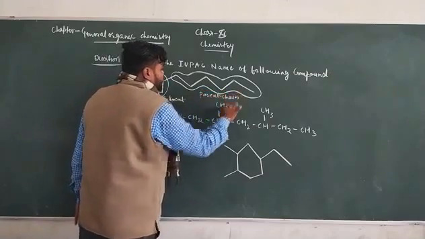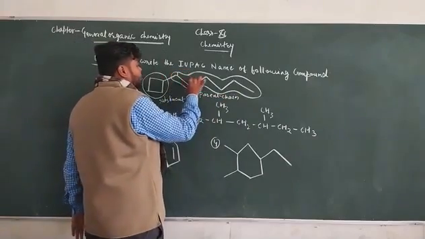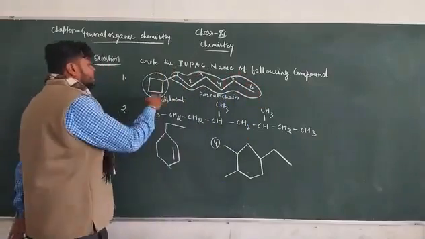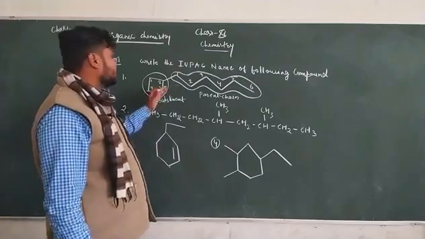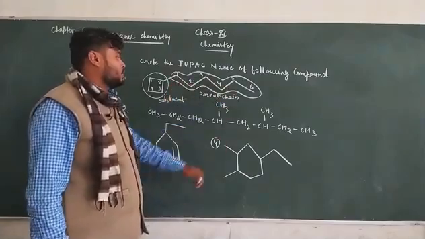For this formation, we have to select from 1, 2, 3, 4, 5 and 6. And this cyclic structure contains 1, 2, 3, 4 carbons only. That means the other one contains more carbon in cyclic terms, so this is our parent chain.